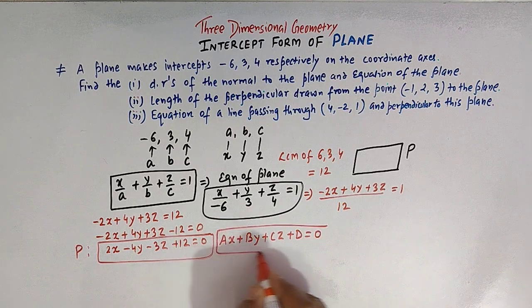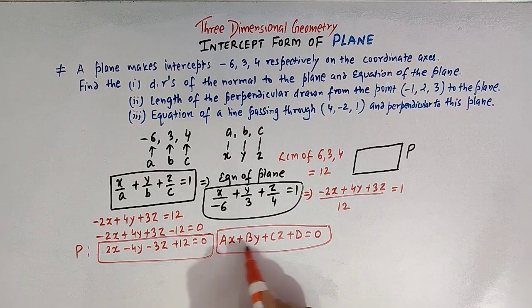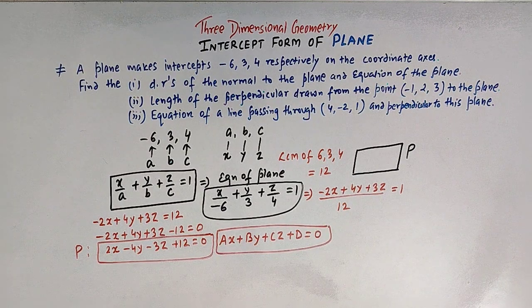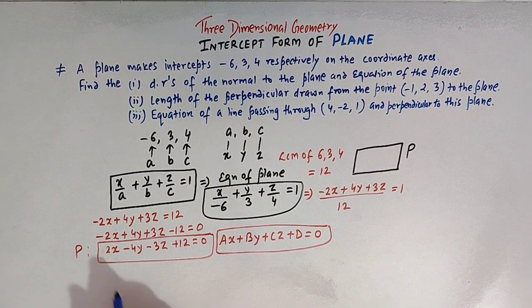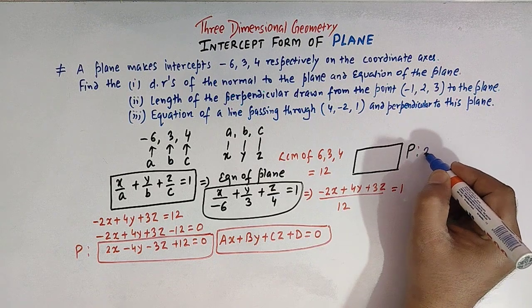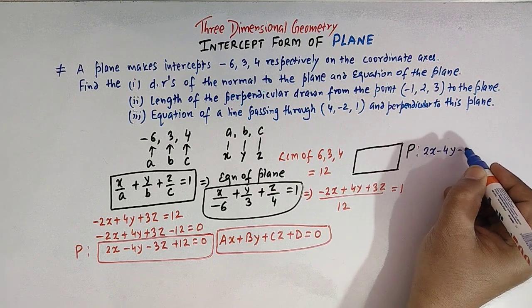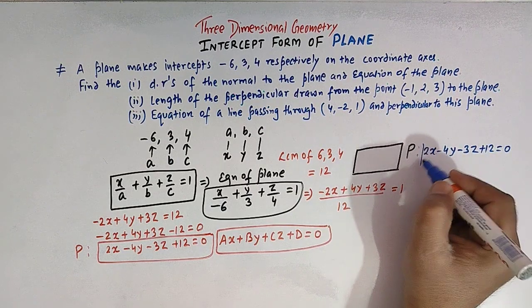Because we know that any equation of first degree in x, y, and z of this type always represents a plane. So now let us rewrite this equation here. So we have 2x minus 4y minus 3z plus 12 is equal to 0.